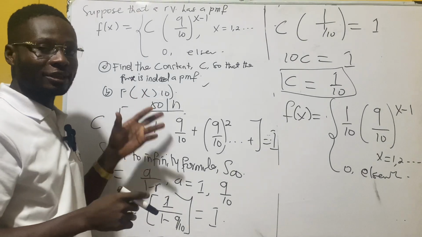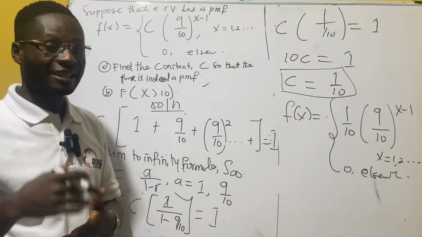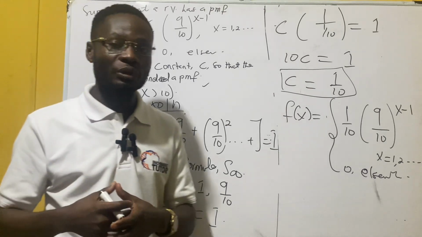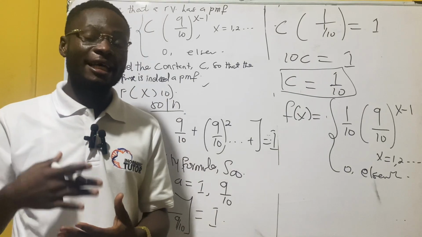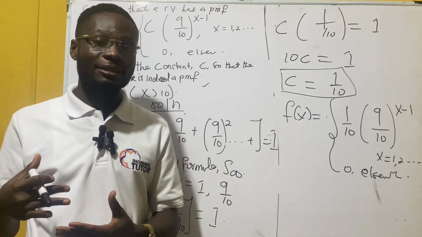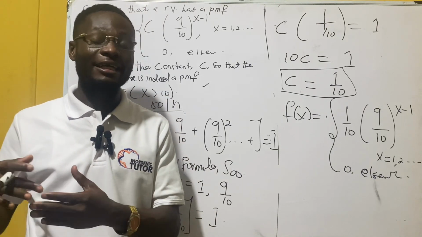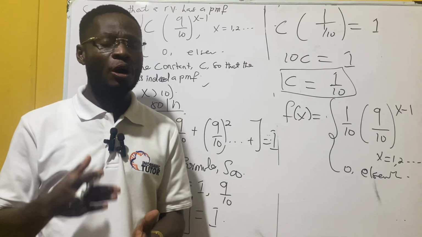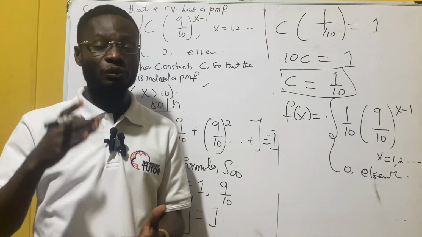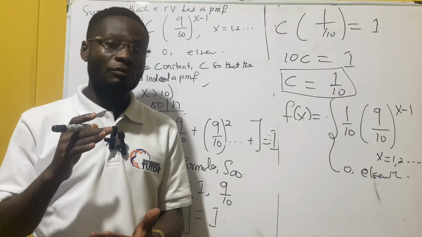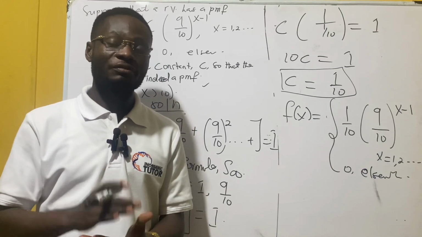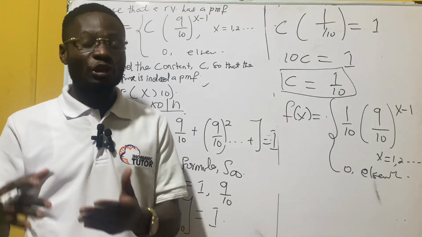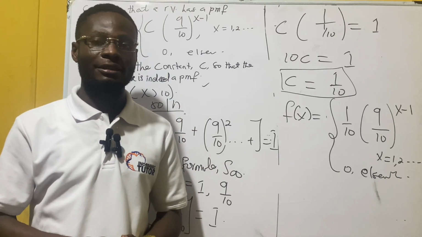Now, the second question said we should find the probability of x greater than 10. This is telling you that we need the probability of values of x that are greater than 10. Can you do that? You can't do that directly. So what you have to do is break it. You take 1 minus those less than 10.